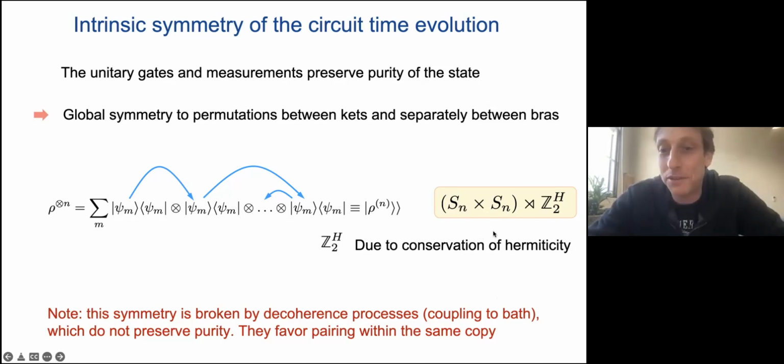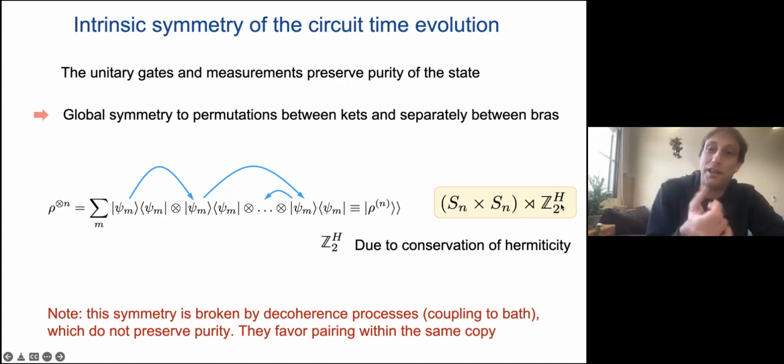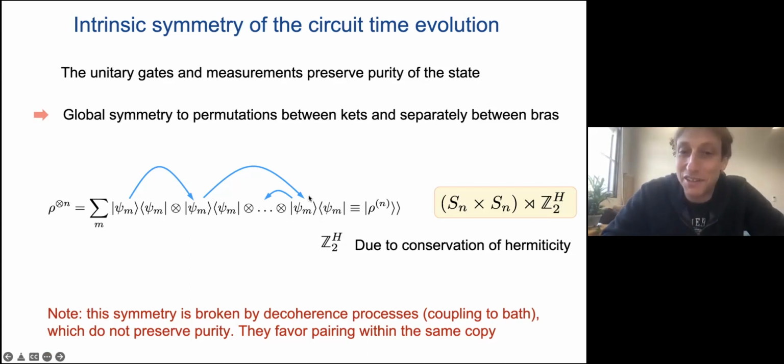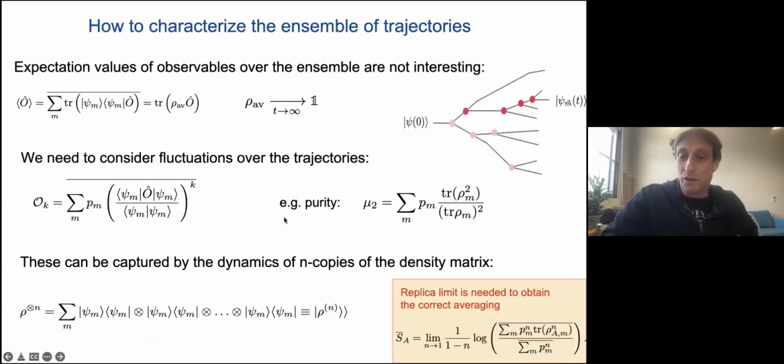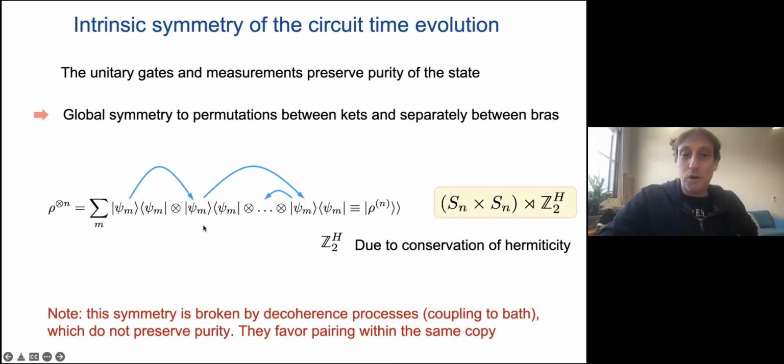And there is another symmetry associated with the fact that this density matrix remains Hermitian. And so it's a semi-direct product with some Z2 symmetry. Actually, it's a time reversal-like Z2 symmetry associated with complex conjugation and transposing, right? Sending ket to bra. Okay, and it is important to note that this permutation symmetry, left permutation symmetry, let's call it, is broken when I introduce the decoherence, because decoherence sort of entangles the ket and the bra, right?